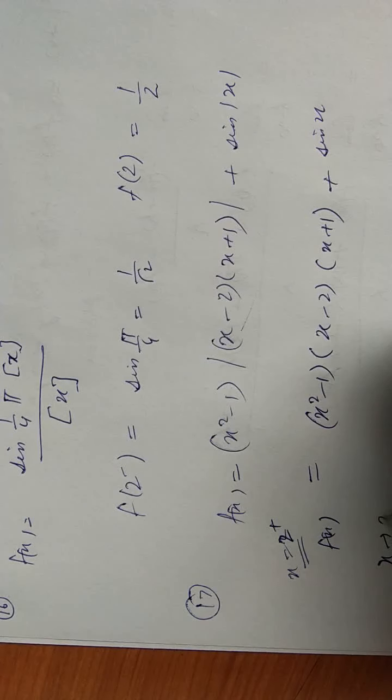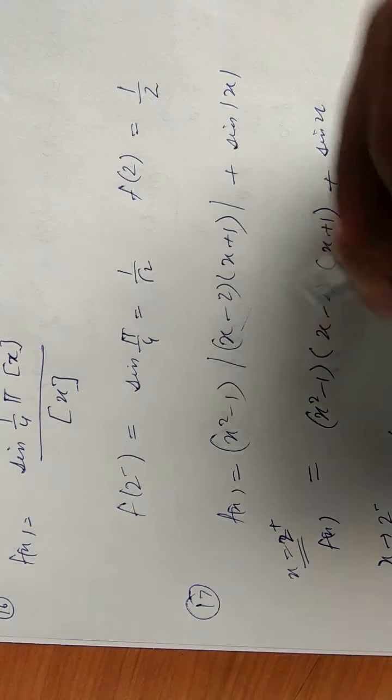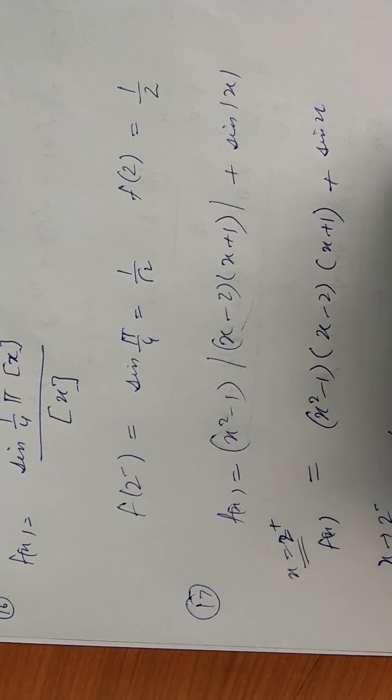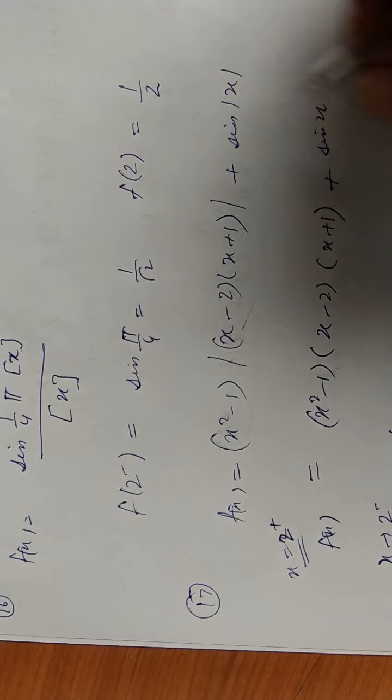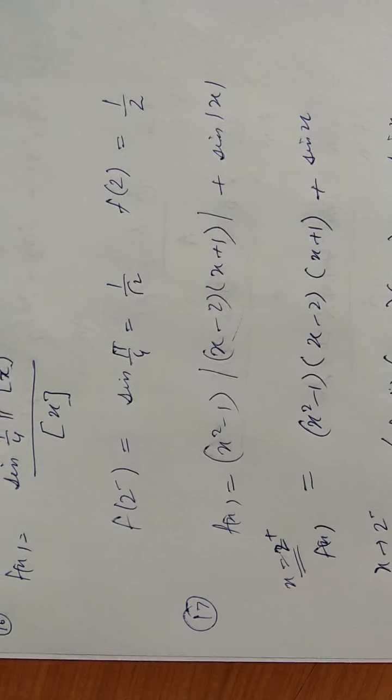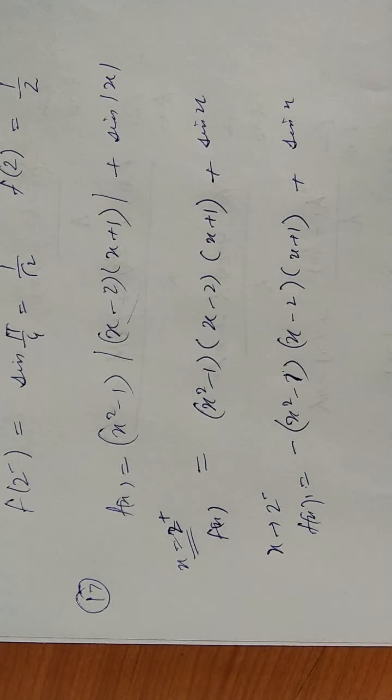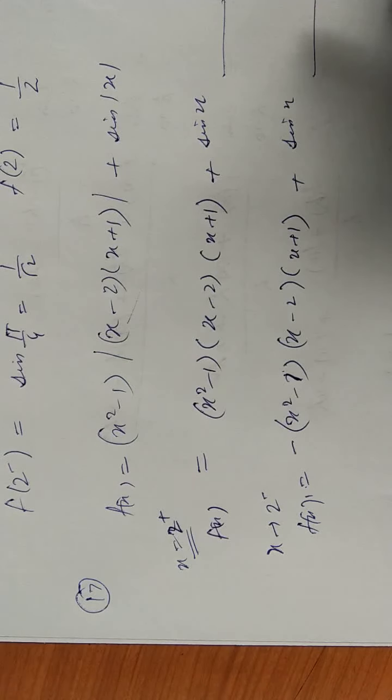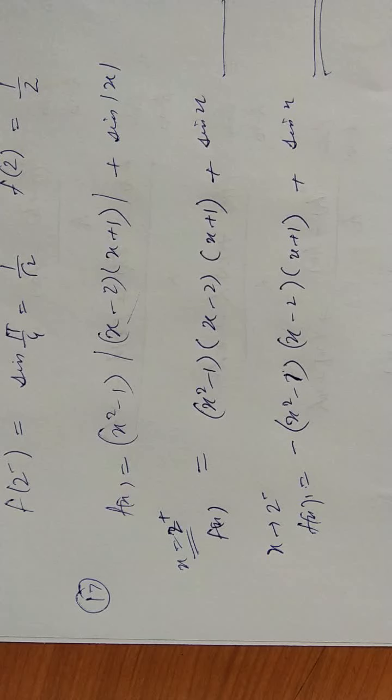And at x is equal to 2 negative, this opens as x square minus 1 with a negative sign, so x minus 2 x plus 1, and this again opens as sin x. So differentiate these functions and find the slope of f(x) at x is equal to 2. If the values from these two functions come out to be the same, the function is differentiable at x is equal to 2.